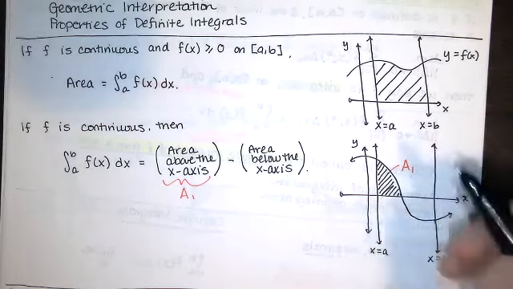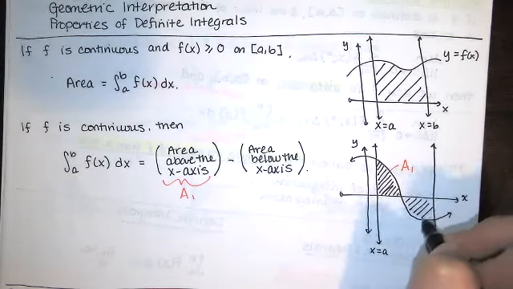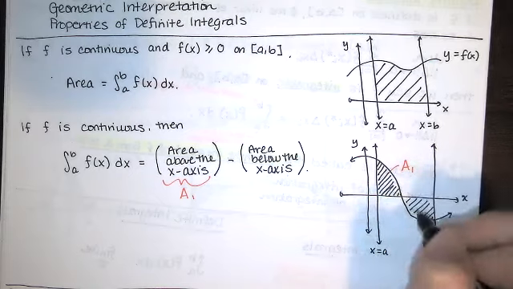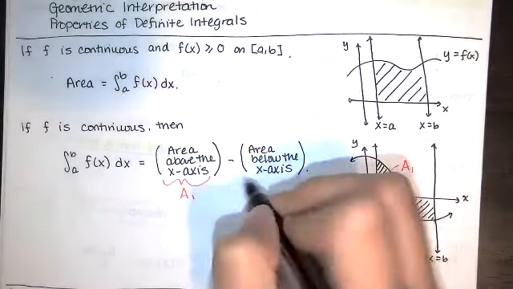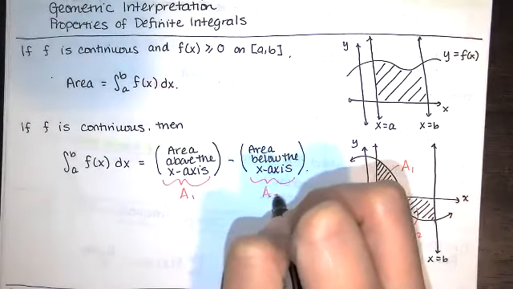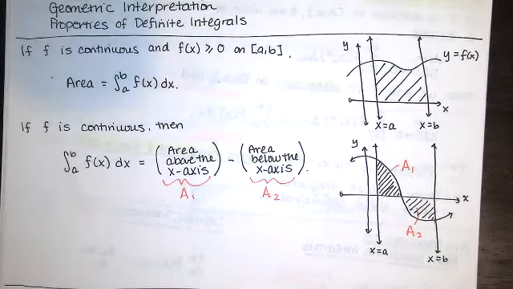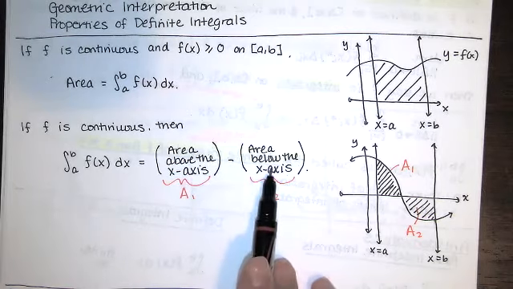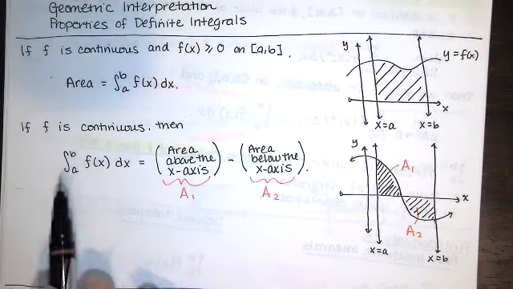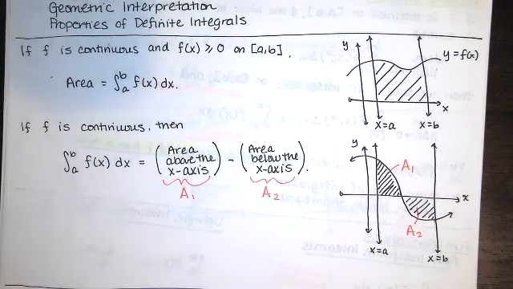So this area that's below the x-axis gets subtracted from that area above the x-axis. And if they happen to be the same, your integral could equal 0. So if this area is larger than this area, your definite integral might be a negative number. If this area is larger than this one, then the definite integral will be positive. If they happen to be the same, then you could get 0.